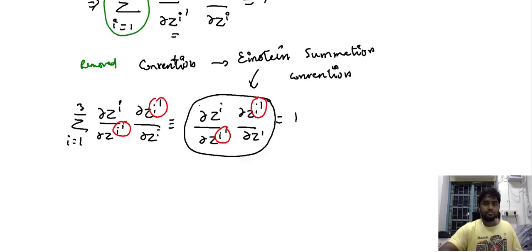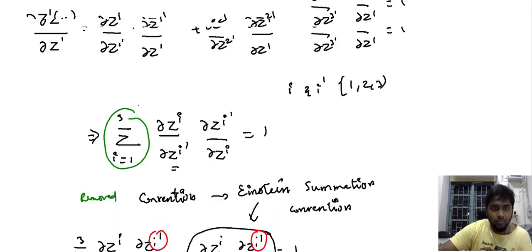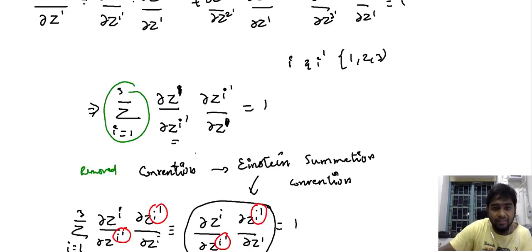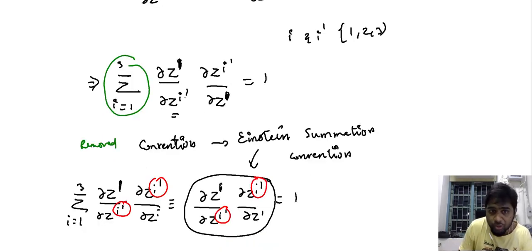Now, in this case, this here is 1 and we are considering the partial derivative of the I. The generic indices are only associated with the bottom and the top term.